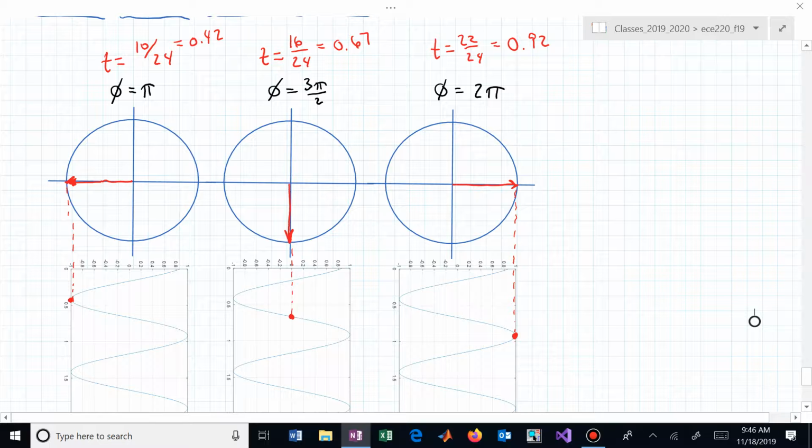Finally, let's get back to when our angle is in fact 0, when phi is 2 pi. We're not quite all the way back to t equal to 1 yet, because we had an initial phase of 30 degrees. So when we get to 1 second, we'll be back at 30 degrees with that spinning phasor.